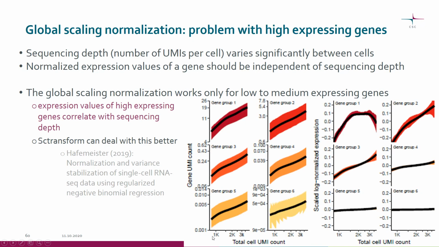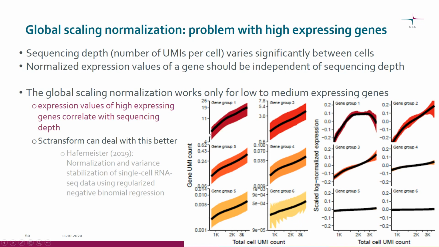On the x-axis, we have the total number of UMIs per cell. And then on this y-axis, we have the UMIs for a gene.